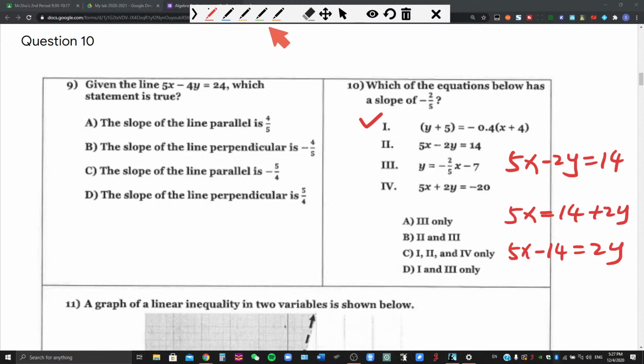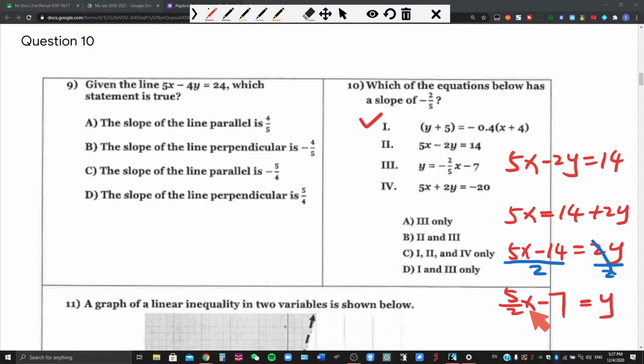And lastly, I need to get just one y, so I divide by 2. And this cancels, then you will have y equals 5x divided by 2, that's 5/2 x, and subtract 14 divided by 2, that's going to be subtract 7.